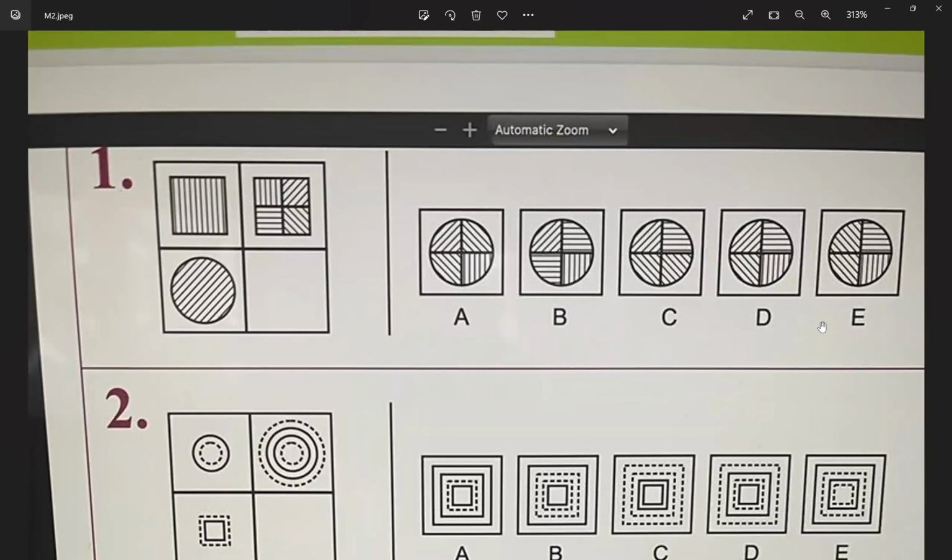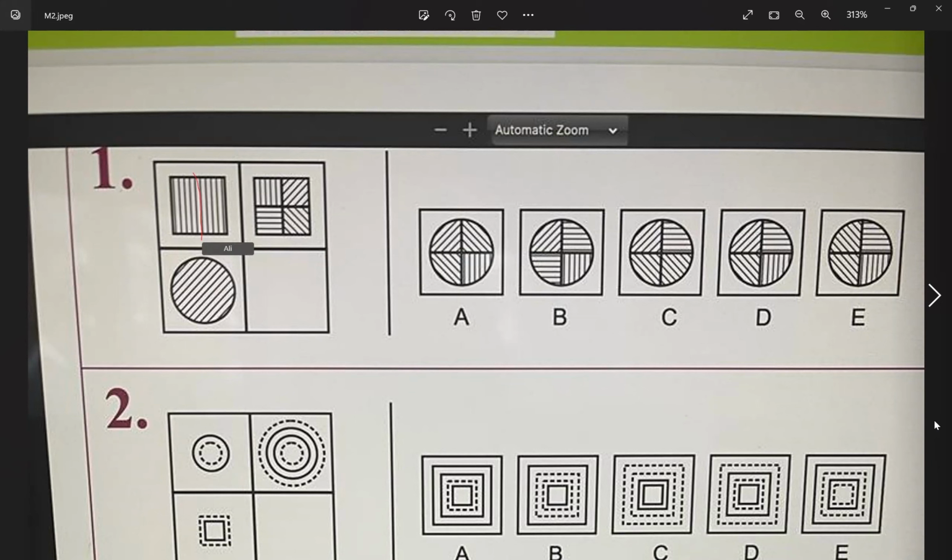Okay, so question number one has a square with vertical shading. Then it's cut into 4 different squares like this.